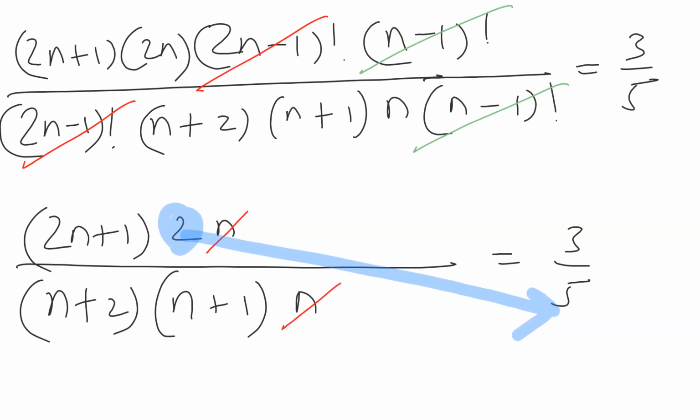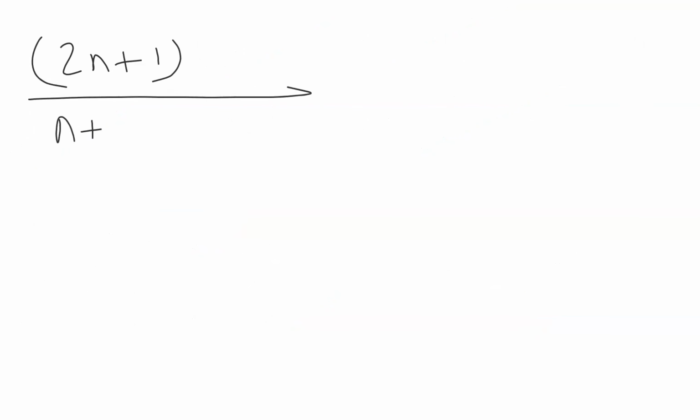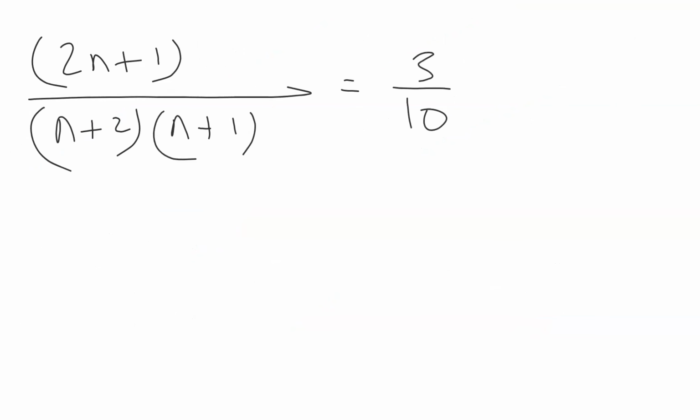So I'll just rewrite whatever I have given you earlier. 2n plus 1 upon n plus 2 into n plus 1 is equal to 3 by 10. Now see, if you compare 2n plus 1 to 3, what is the value of n?